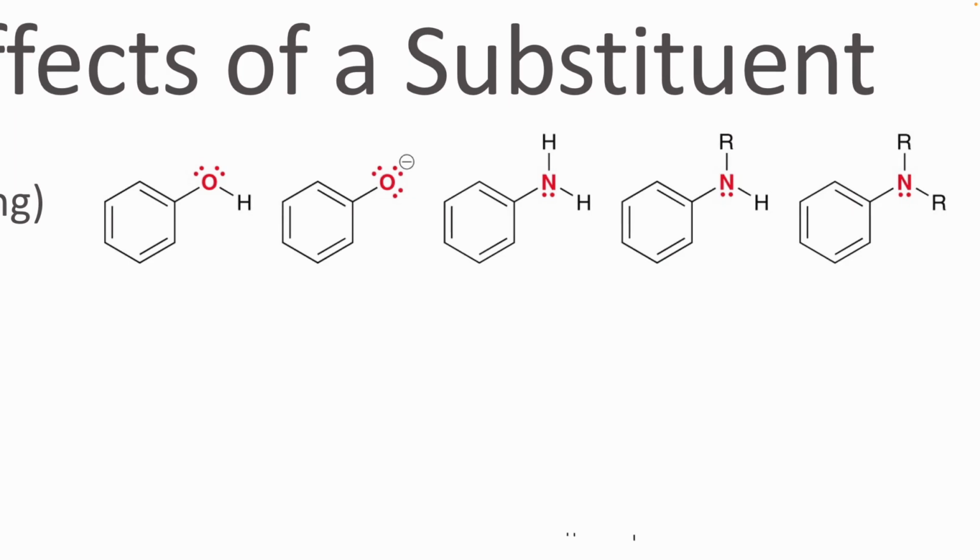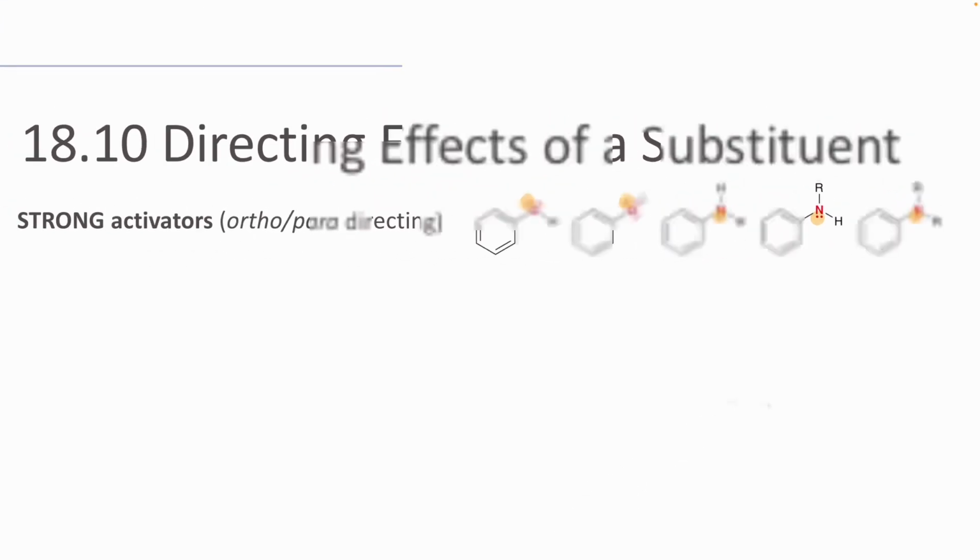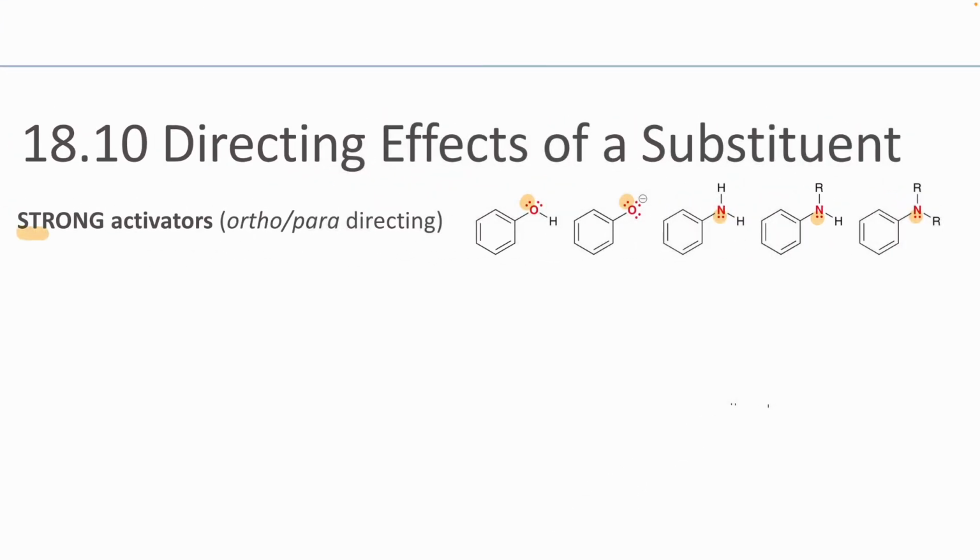And what we just want to notice that all of these have in common is that lone pair located directly next to the ring, a signal of an activator, an ortho-para director. These ones here we consider to be our strong activators, and we'll talk about what I mean by strong, moderate, weak, etc. in a second.